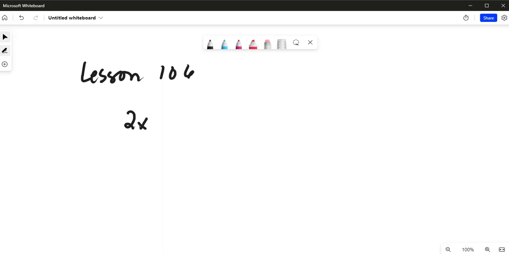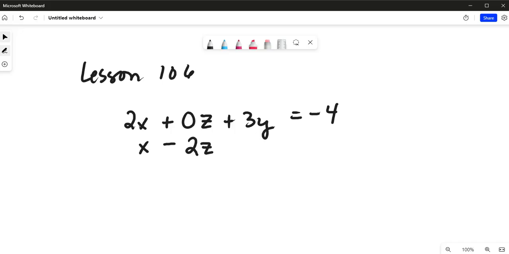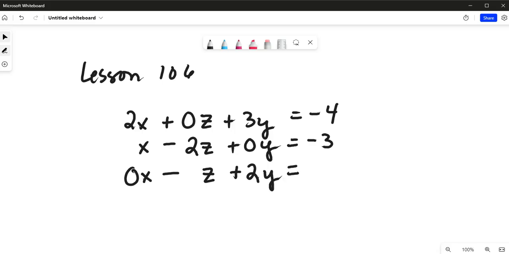So 2x plus 0z plus 3y equals -4, and then x minus 2z plus 0y equals -3, and then 0x minus z plus 2y equals -6.